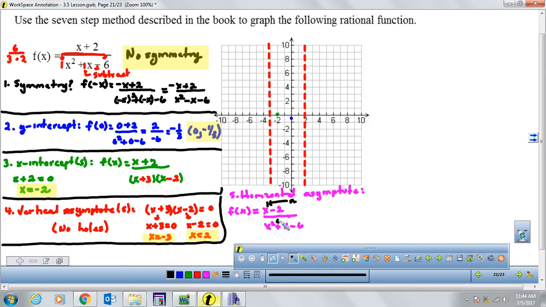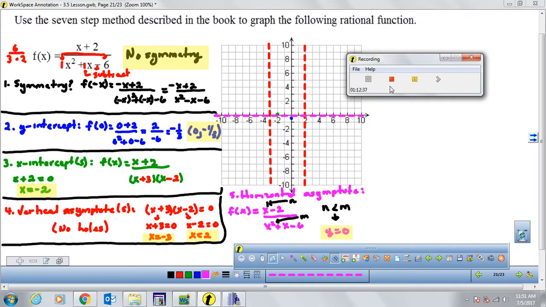The degree of the denominator is 2, so that is m. So n is less than m. If the degree of the numerator is less than the denominator, then this function is going to have a horizontal asymptote at the line y equals 0 by definition. So it's going to slant horizontally once it gets close to this line right here, y equals 0. Okay.